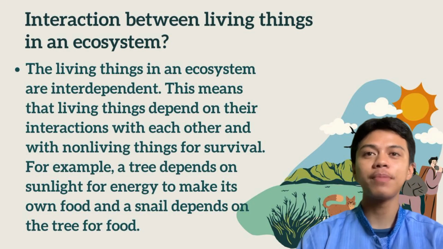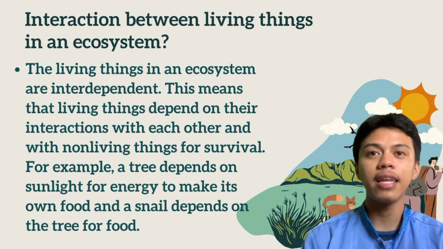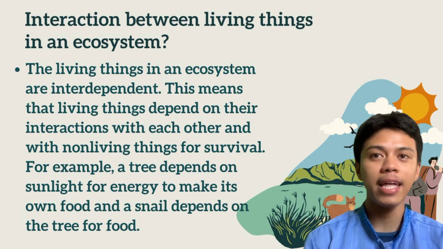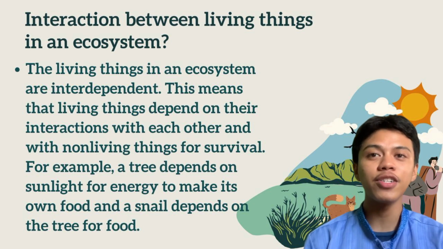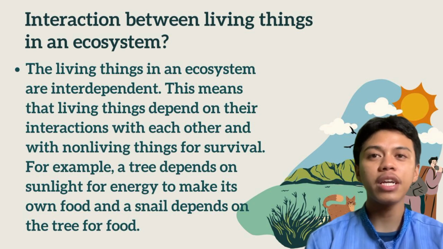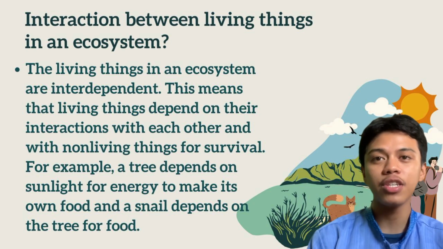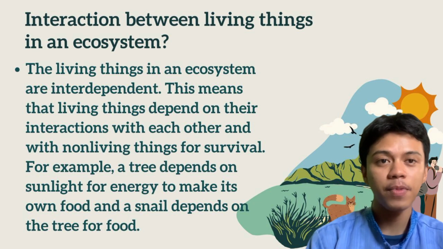So, interaction between living things and an ecosystem. The living things in an ecosystem are interdependent. This means that living things depend on their interactions with each other and with non-living things for survival. For example, a tree depends on sunlight for energy to make its own food, and a snail depends on the tree for food.